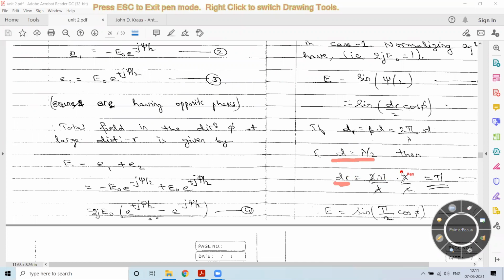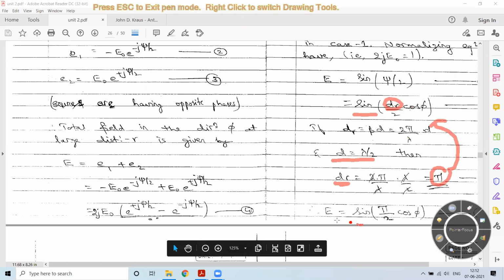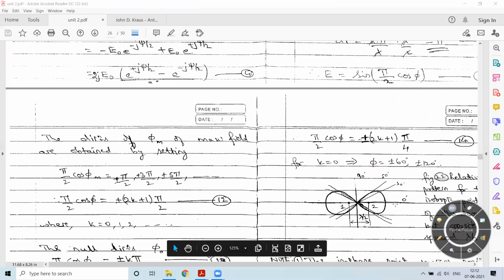Dr is beta times d, which is 2 pi by lambda into lambda by 2, which simplifies to pi. So this one you substitute over here. So you have dr value as pi, so it will be pi into cos phi, divided by 2. So you'll be having the field represented in this form, sine of pi by 2 into cos phi.